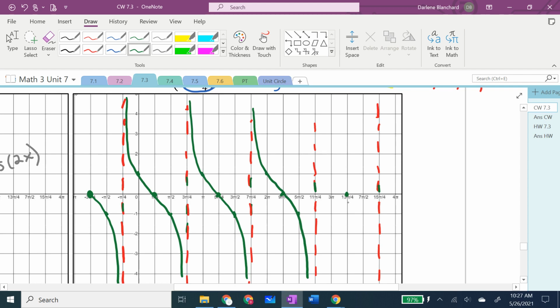Again, you only have to draw 2 cycles. I've just drawn 3 cycles, 3.5 cycles actually. So there we go.